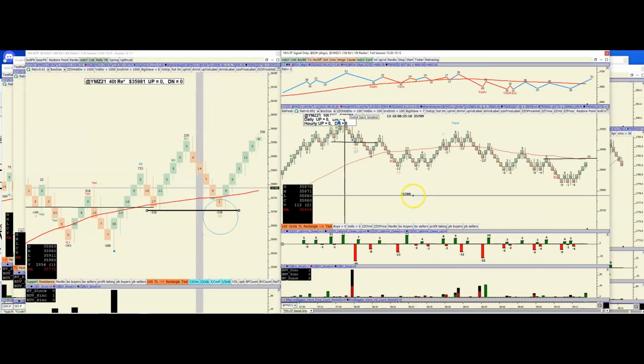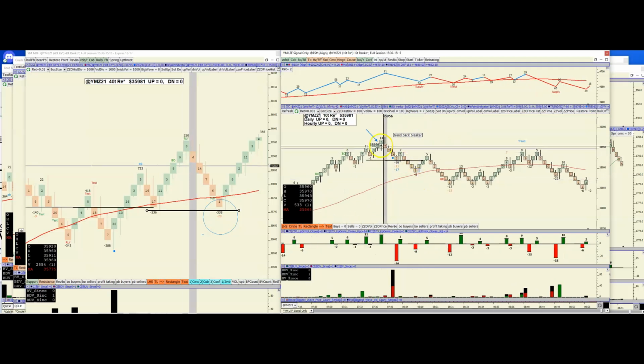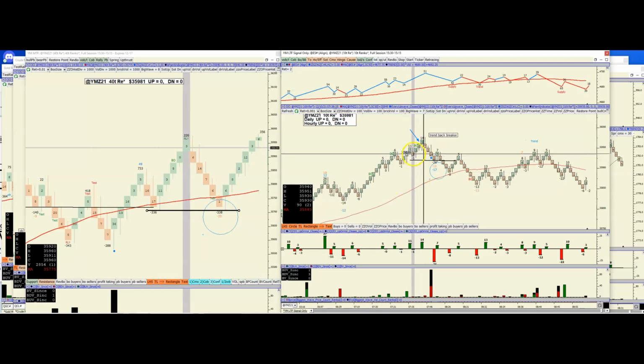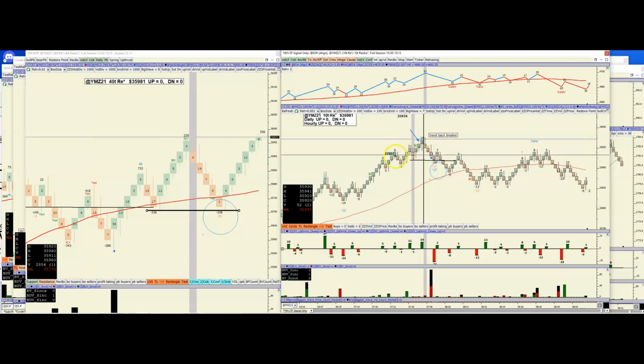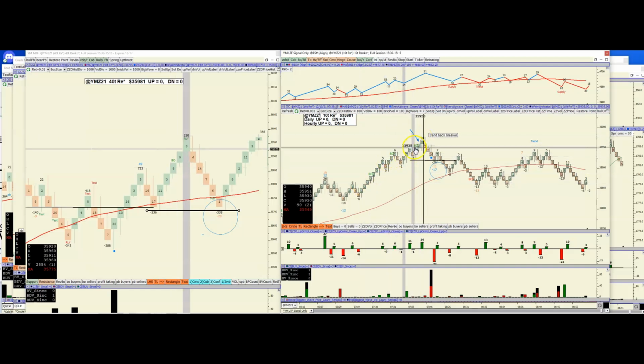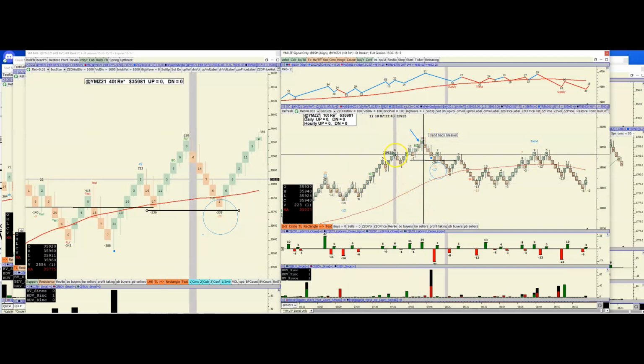Even if there is a shortening of the thrust, which you see many times, chances are that shortening of the thrust has high volume. I'll prove it to you. Here you had high volume, relatively speaking, in the shortening of the thrust. But the more clear one was this volume up here, which is evidence of distribution. You have volume on the way up in the form of shortening of the thrust that has more volume than the prior three brick waves, because it's 14 and the priors are 11, 6 and another 6.